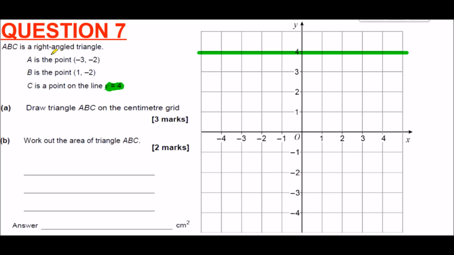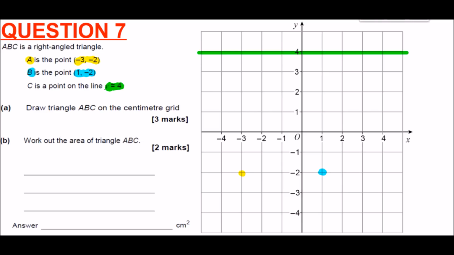Looking at the other points, we're told A is at -3, -2. And so A is fixed. It's -3, -2, which is down here. B is also fixed at 1, -2. So A is down here.